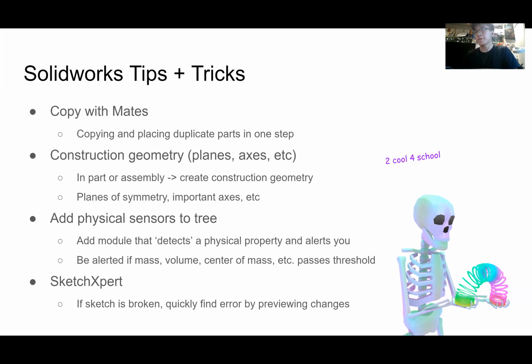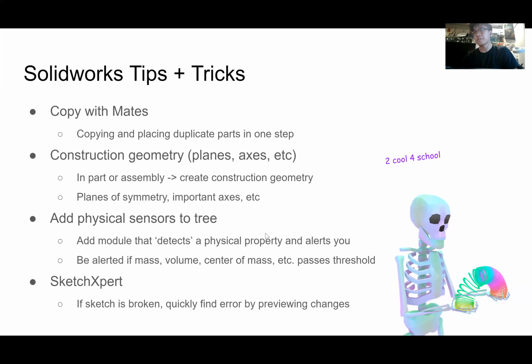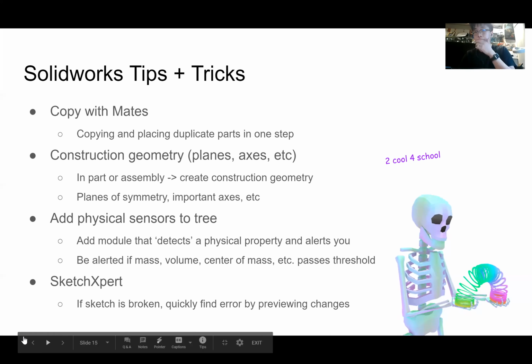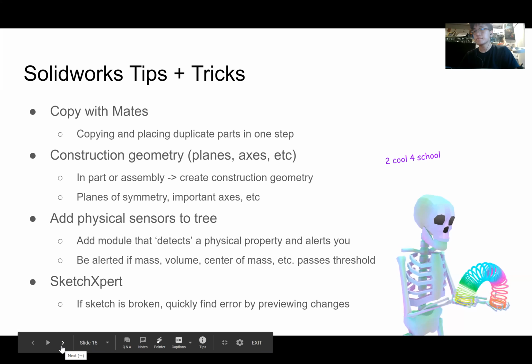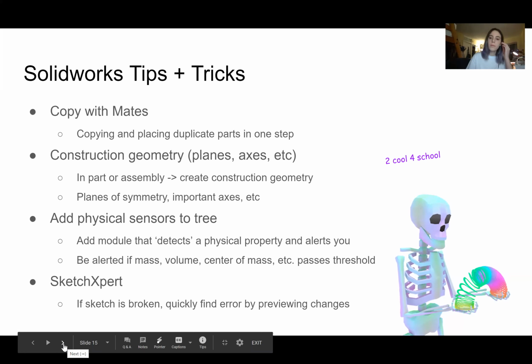And Sketch Xpert is a really helpful tool to find an error if you have a broken sketch. Yeah, and I'd suggest looking up any of these things separately because it's best to have a visual sense of how to do them. It's hard to put it just in words.